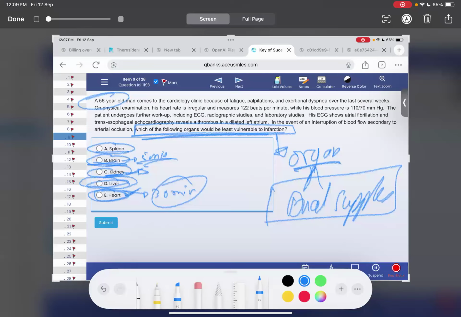Basically, the liver is supplied by two arteries, one minor and one major. The major artery is your proper hepatic artery. The common hepatic artery divides into the proper hepatic artery and the gastroduodenal artery. The proper hepatic artery goes and supplies the liver. This is the first and major arterial supply of the liver.